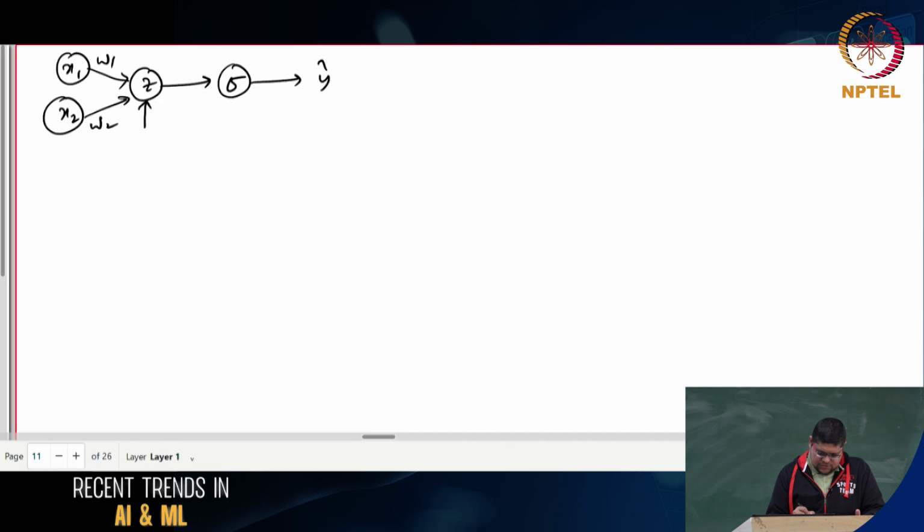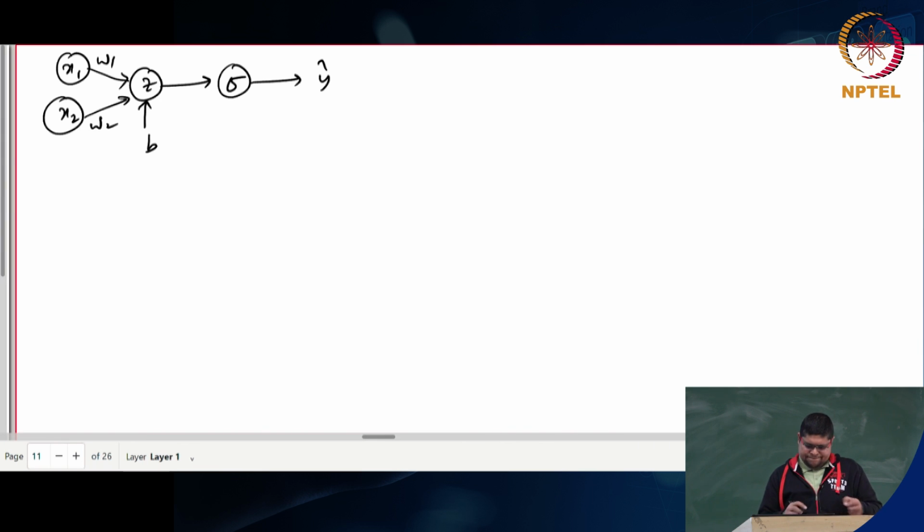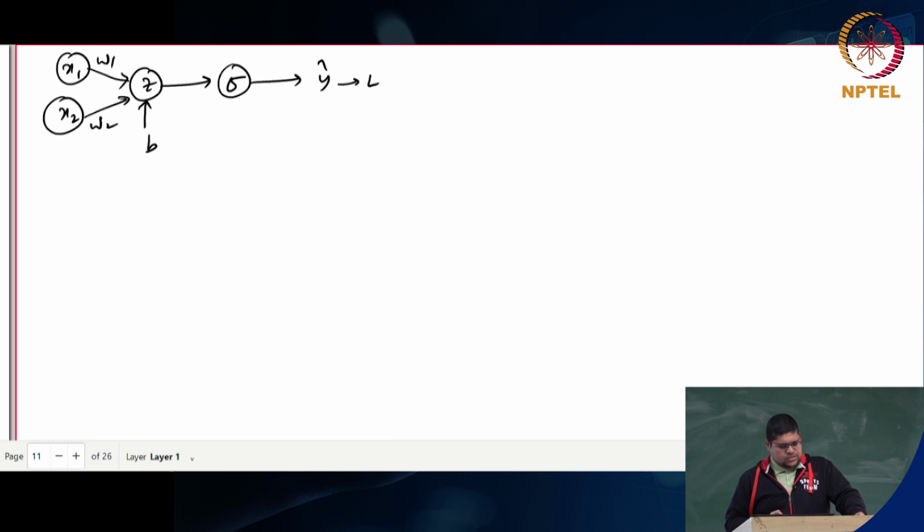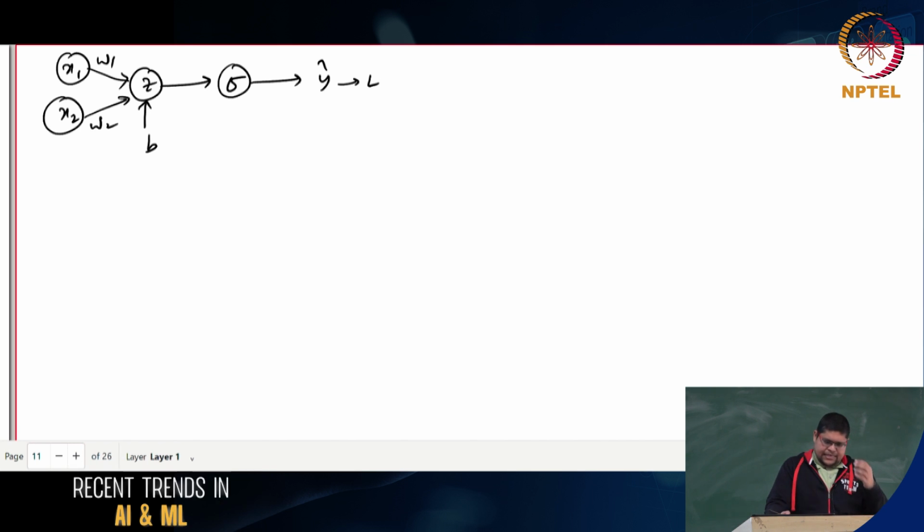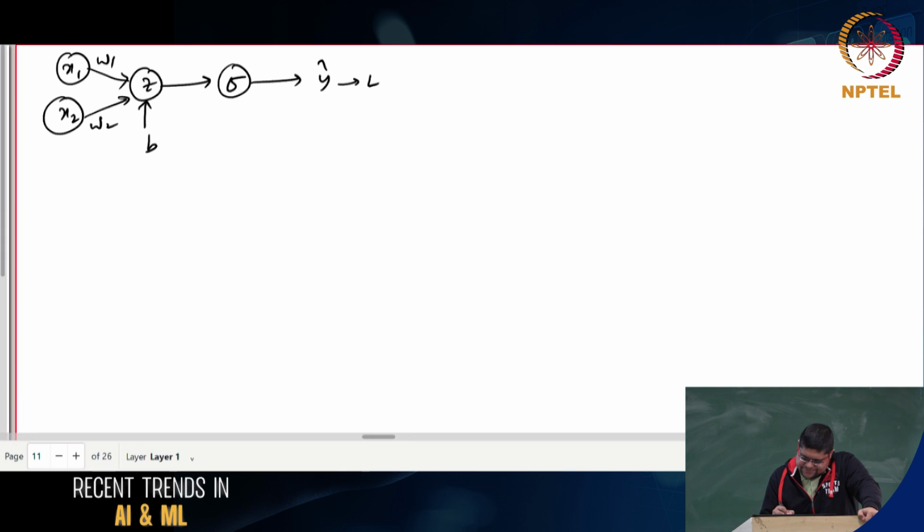W1, W2, this B. Okay. So this now I have calculated, suppose this loss. So here I will calculate del L by del W1. Why?